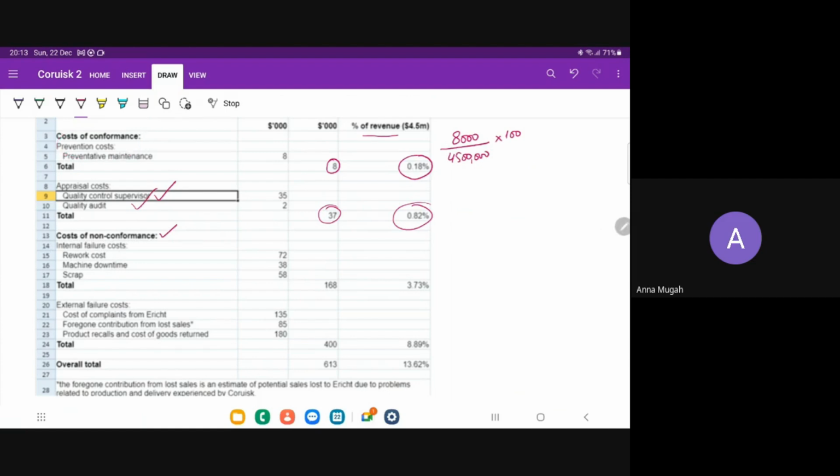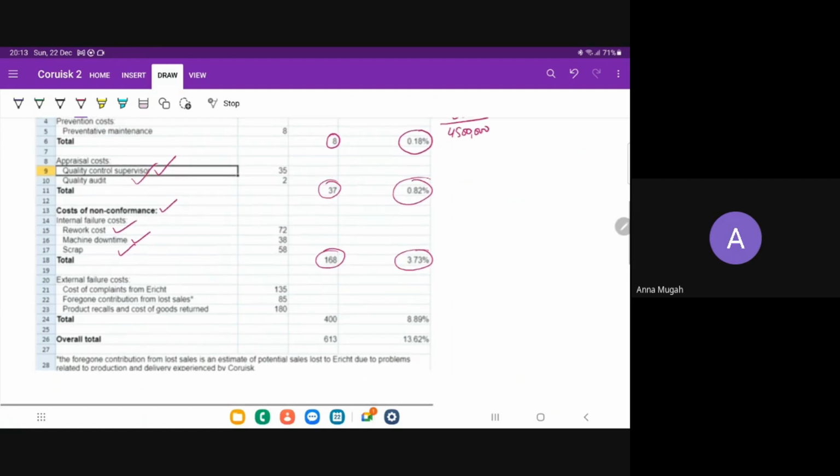So what is the non-conformance cost? Internal failure: reworking cost, machine downtime, scrap. All these before passing to the customer is 3.73%. When we did the quality control and inspection, we figured out some serious flaws, and the cost of those flaws is around 3.73% of the revenue.